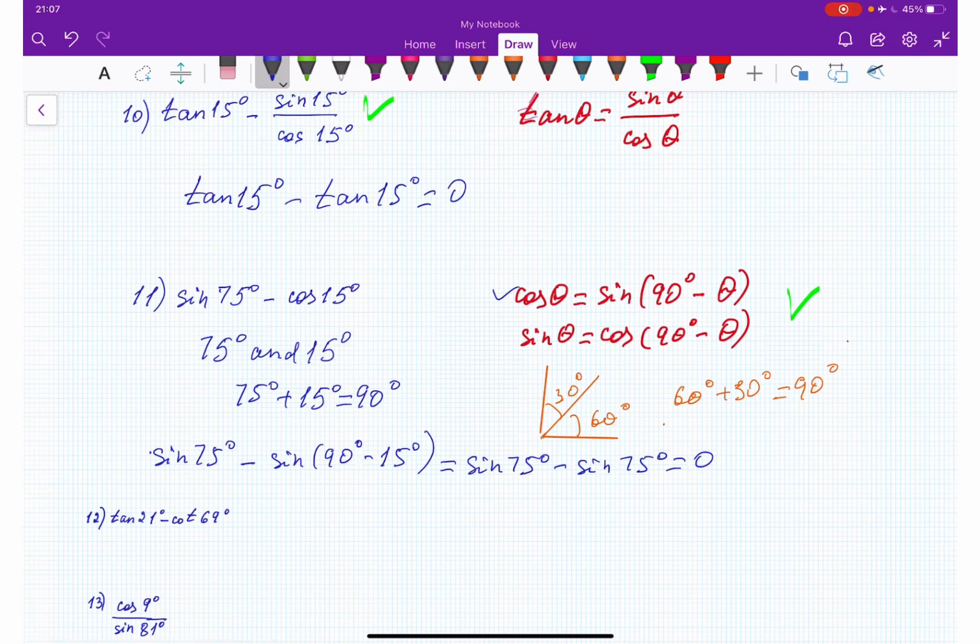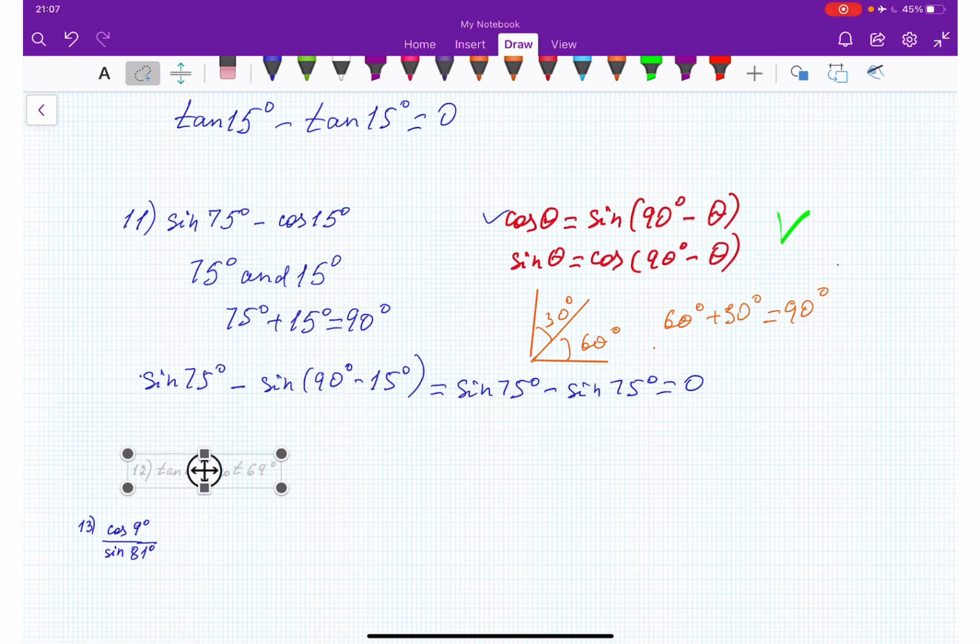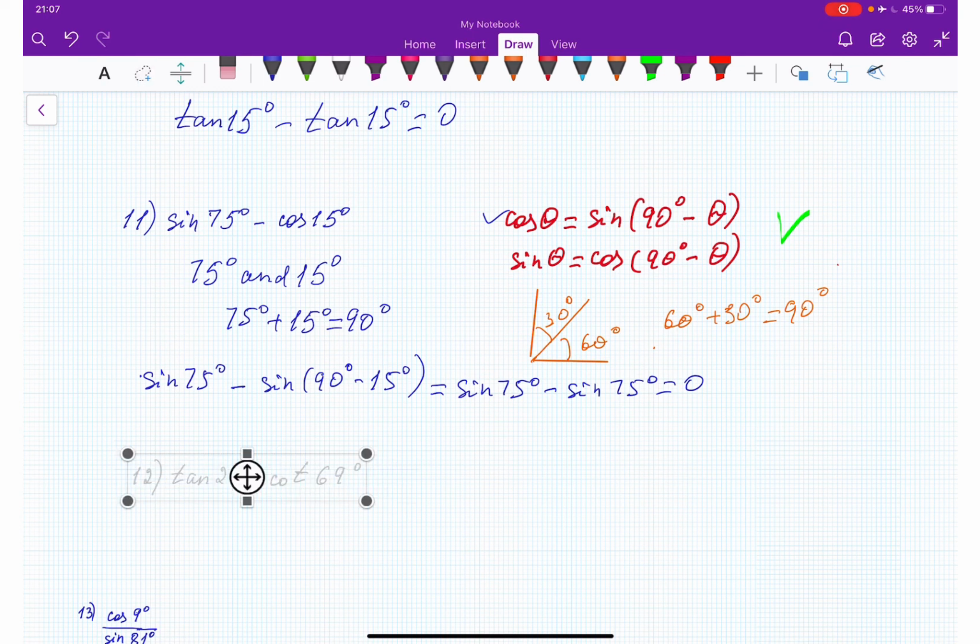The same way I can apply the complementary angle theorem to tangent and cotangent. So what do we have?